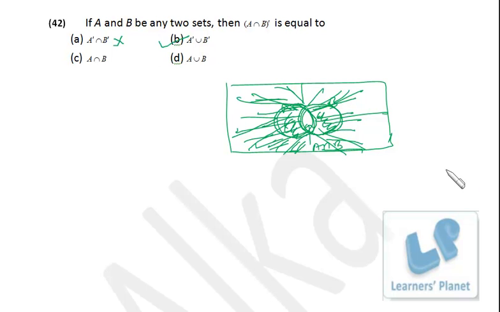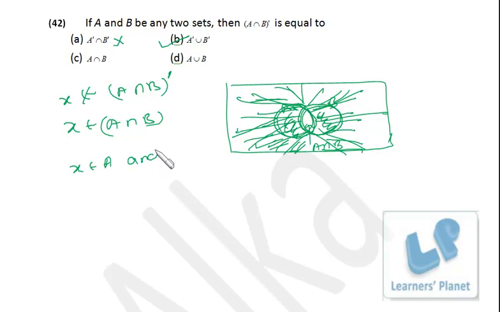And that is De Morgan's law also, and we have already established the same. I can do it for you once again. I suppose X belongs to A intersection B. That means X doesn't belong to A intersection B whole dash, right? So if X belongs to A intersection B, that means X belongs to A and X belongs to B. Right, that means X doesn't belong to A dash and X doesn't belong to B dash.